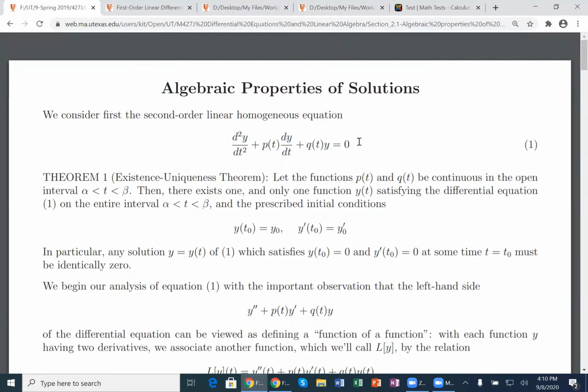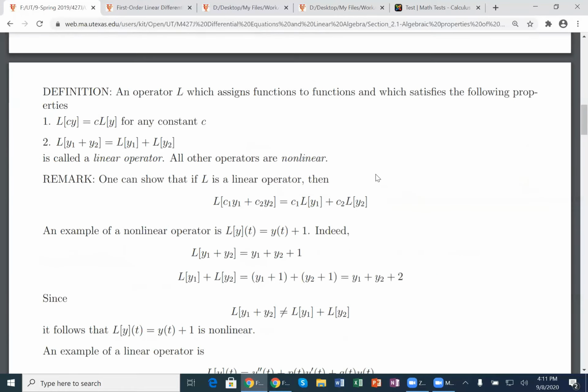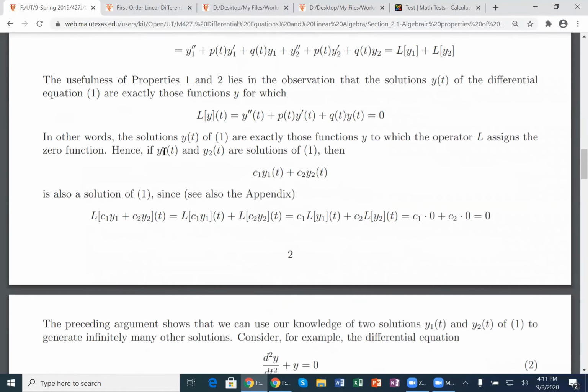Theorem 1 is about the initial value problem, meaning this in combination with this. If we combine this and this, the initial value problem has exactly one solution. However, if we consider only the equation, if we find two particular solutions of this equation, any linear combination of them is a solution again. Other questions?